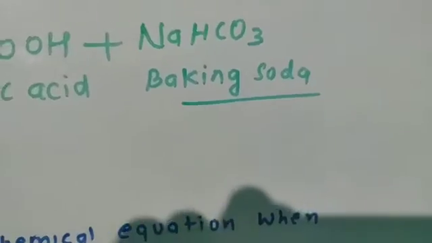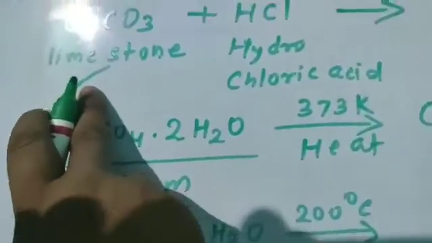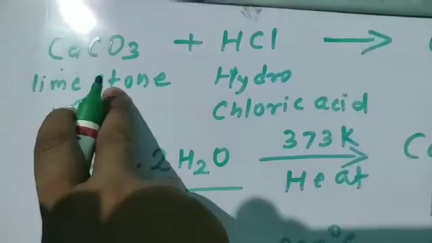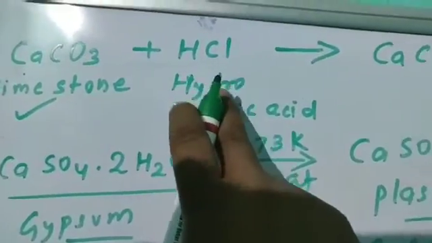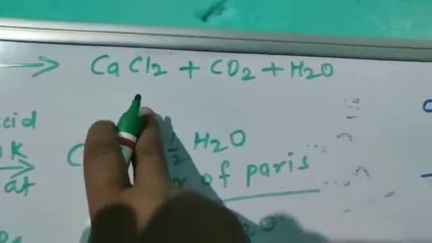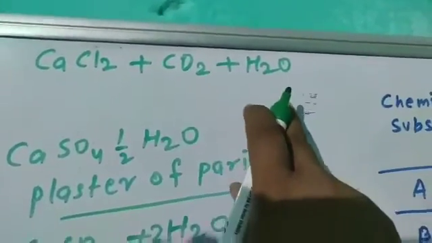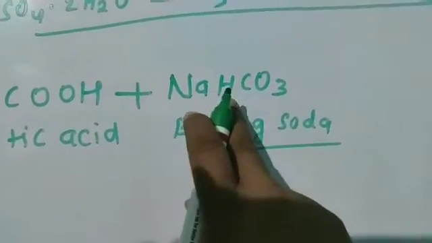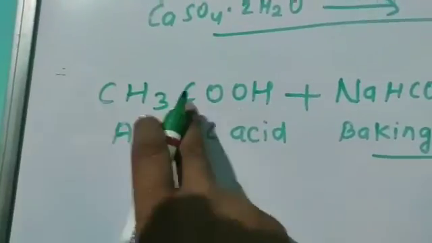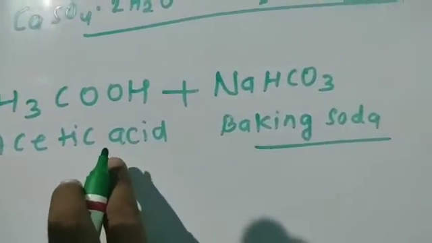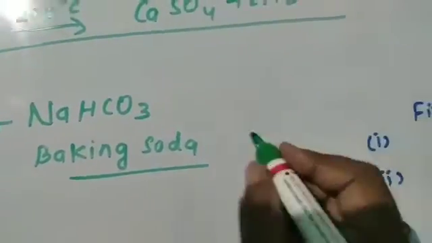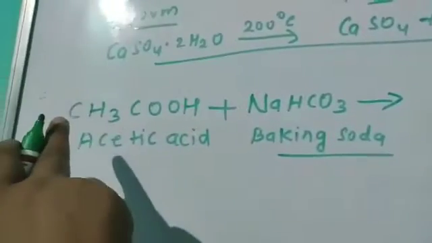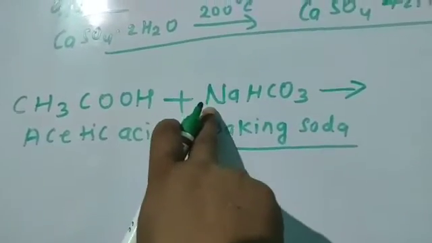Just as I have explained for calcium carbonate treated with acid, any carbonate or bicarbonate, when treated with acid, forms salt along with carbon dioxide and water. Here sodium hydrogen carbonate is treated with acetic acid, so definitely carbon dioxide and water will be obtained along with the salt. The salt will be the salt of the corresponding acid.